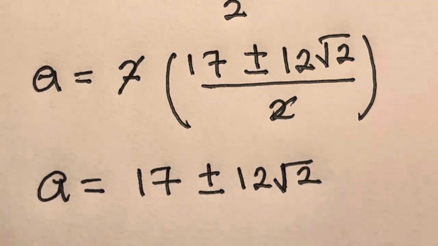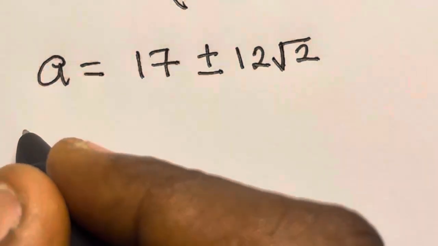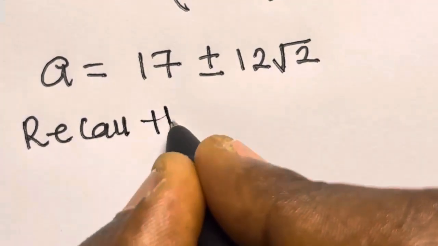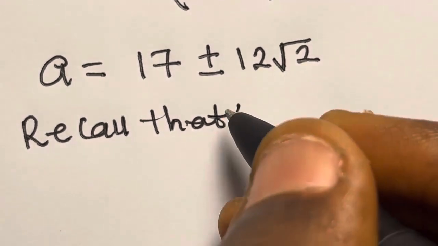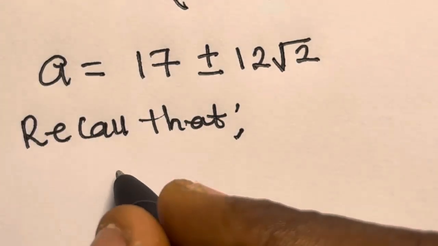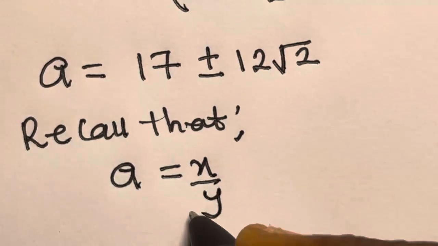This is the root of the quadratic equation we just solved. But recall that what we were asked to find is x divided by y, and we let a equal x divided by y, right?